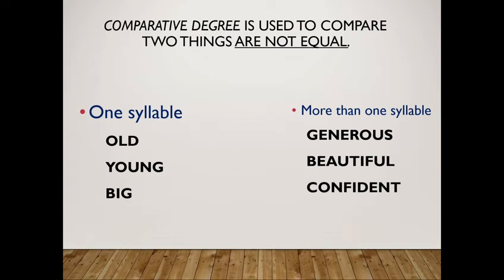In comparative degree, you must pay attention to syllables, of course syllables of the adjective word. What is a syllable? Syllable in Indonesian language is suku kata. Even though there is a kind of difference between English and Indonesian concerning syllables, it doesn't matter.